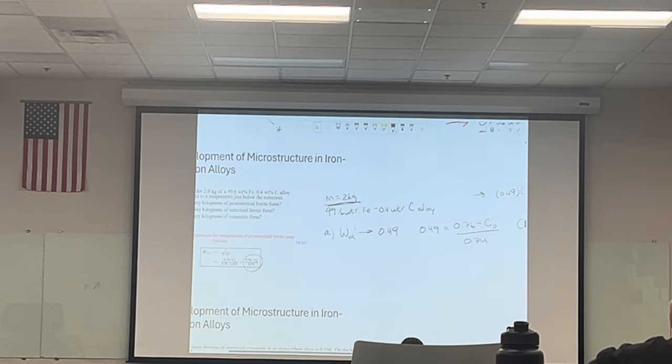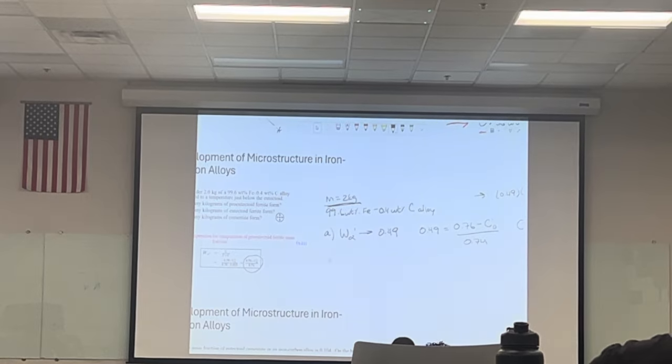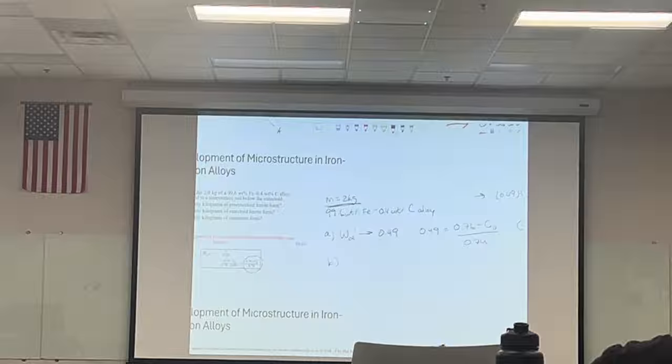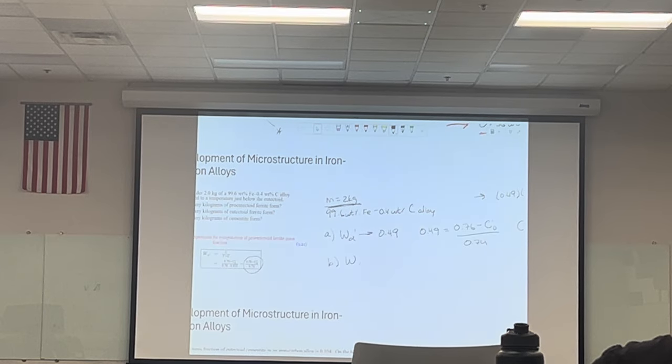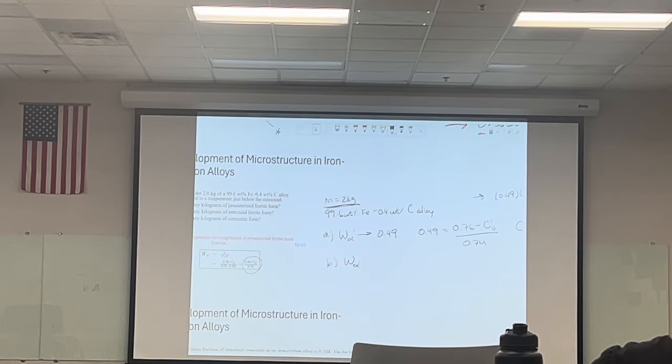And yeah, essentially we're doing the same thing as this one as well. So part B, kind of the same deal. For part B they're using just alpha, so not alpha prime.